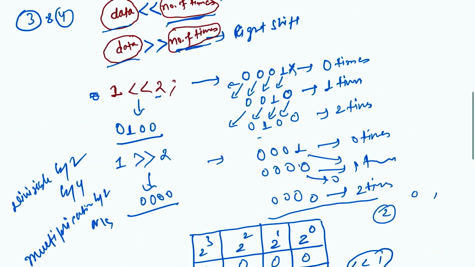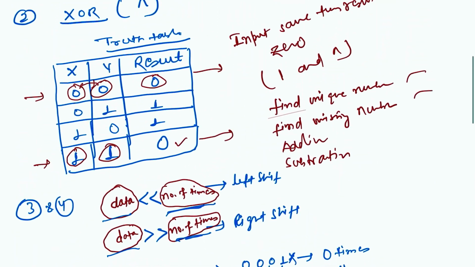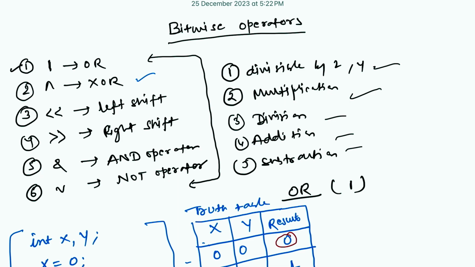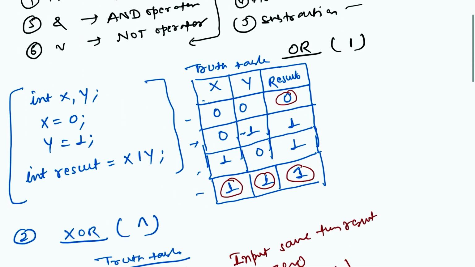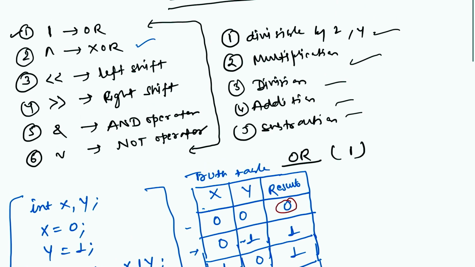So guys, please let me know if you have any doubt regarding the truth table concept. Basically, in this video I have discussed the very basic concepts of the XOR, left shift, right shift, and AND operators, and the NOT operator.